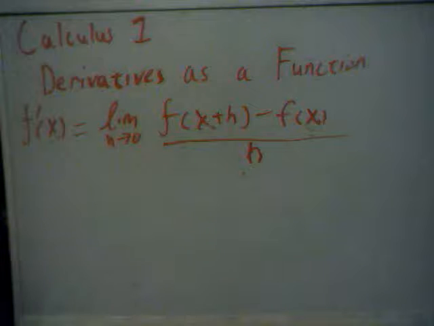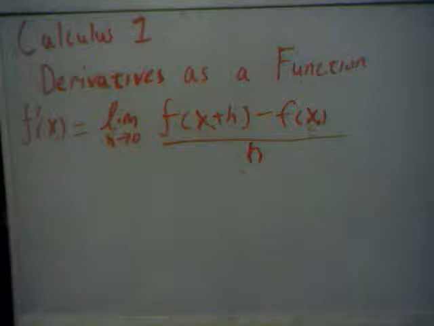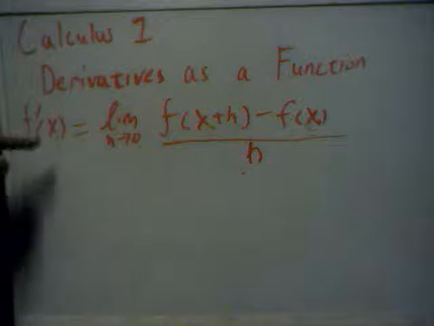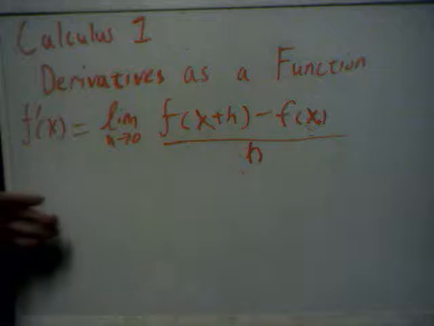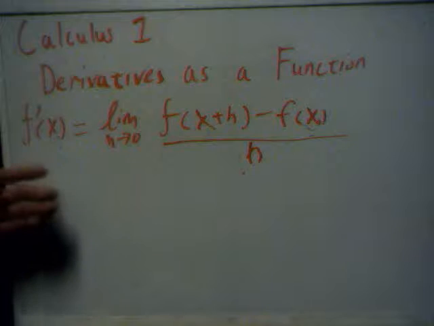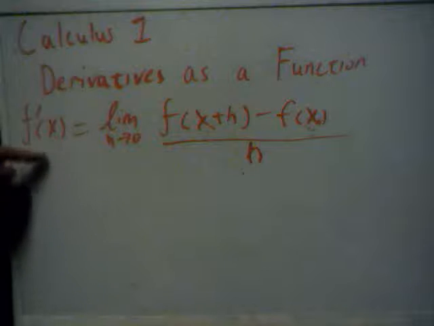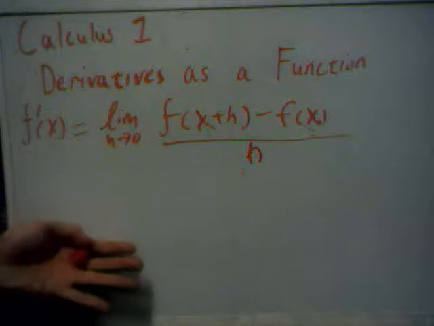Now, the important thing is not so much that I replaced the letter a with the letter x. The take-home concept is this used to be a constant. Now it's a variable. And since by mathematical convention we denote variables by the letter x, that's why I wrote an x here. So it's not so much the letter change, it's the fact that this is now a variable instead of a constant.